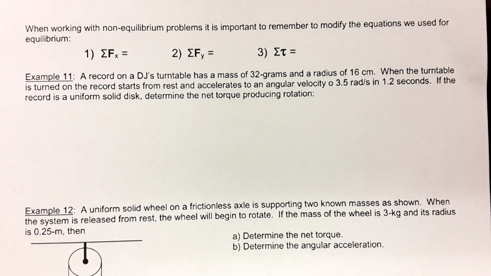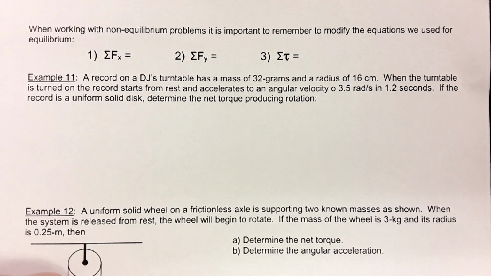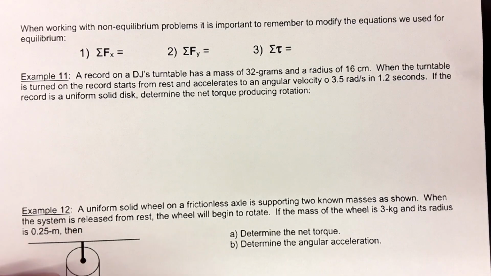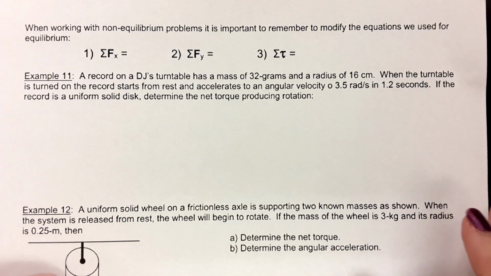Now that we have looked at moments of inertia, and I hope you all enjoyed the videos with Billy, Bobby, and Bo. I thought they were quite instructive. Just remember that for moments of inertia, we don't have to be able to derive the formula for a particular shape. That's left up to calculus.